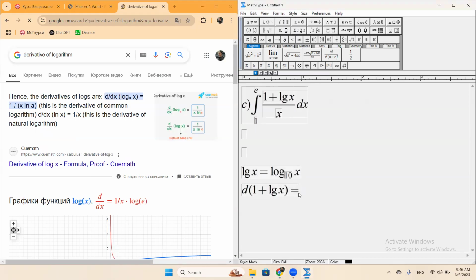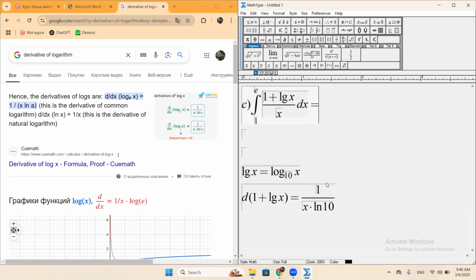So it will be the following: 1 over x times the natural logarithm of 10.